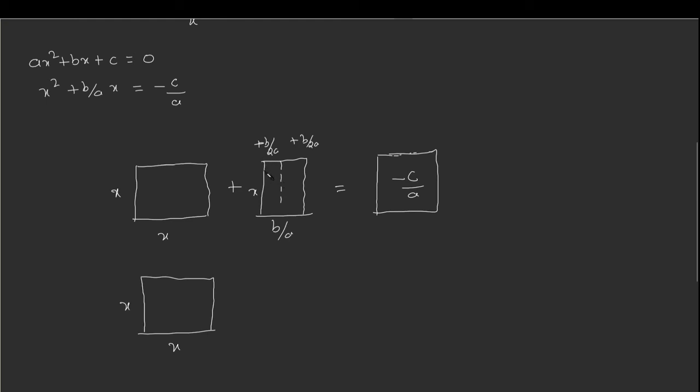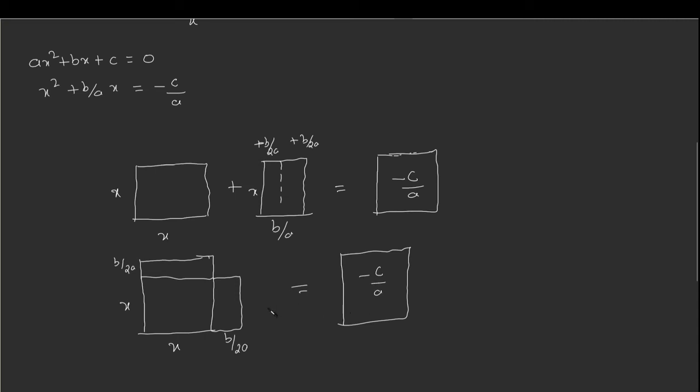Now I will add the first part about the square, which has this side b by 2a, and this is x as it is. Now I will add the other part here, and this has b by 2a and this has x. This will be equal to this square, which has the area minus c by a unit square.